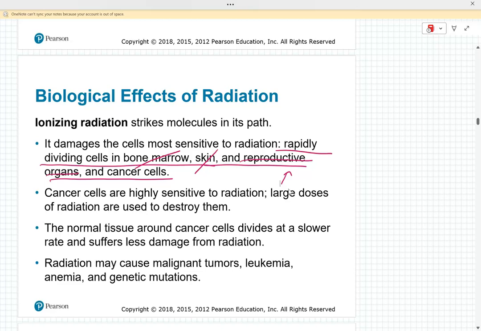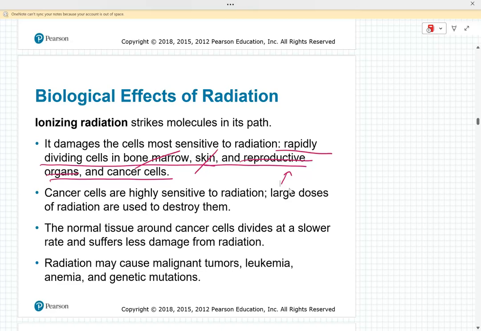If they fail to divide, the surface of your stomach and intestine will become damaged. And what symptom will you develop if your GI tract is injured? Vomiting and diarrhea, yes. Cramping, of course, yes.